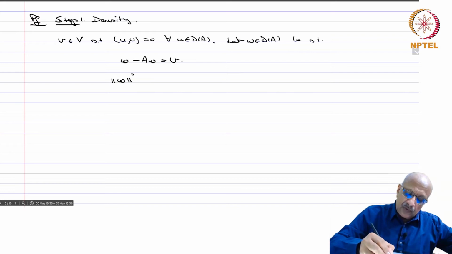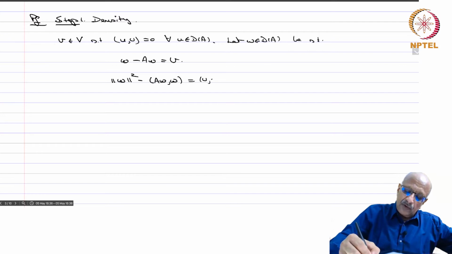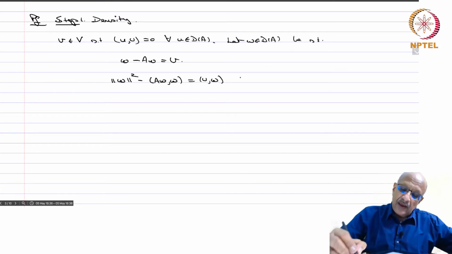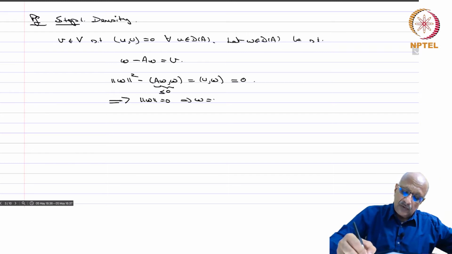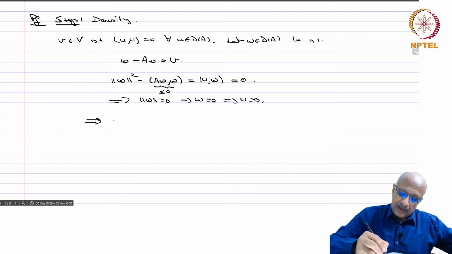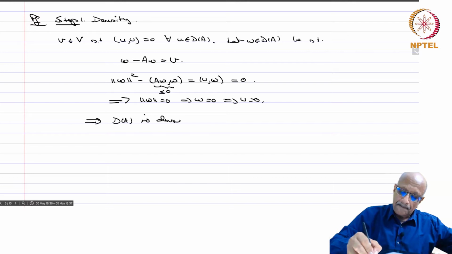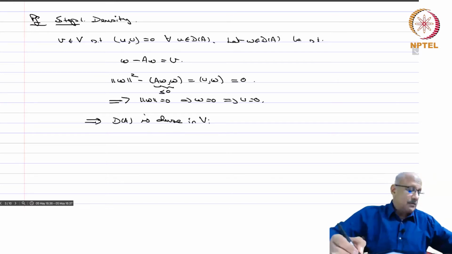So, the norm of w squared minus (Aw, w) equals (v, w), but w is in D(A) and therefore, this is equal to 0. Okay. So, again this is less than or equal to 0 given to you. So, the two non-negative terms equal 0. So, this implies that the norm of w equals 0, which implies w equals 0, which implies v equals 0, and therefore, this implies that D(A) is dense in V, by the Hahn-Banach theorem. Okay.